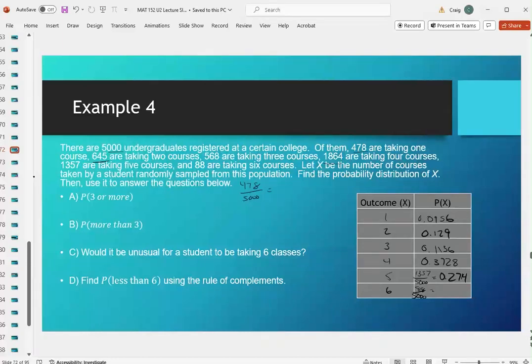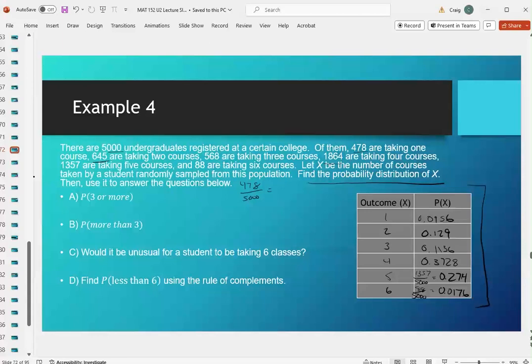And 88 divided by 5,000 is 0.0176. Okay, so this is our probability distribution. A probability distribution is always going to be a table that looks like this. Or as you'll see in your Excel activity, a histogram that represents the table, much like a frequency distribution.